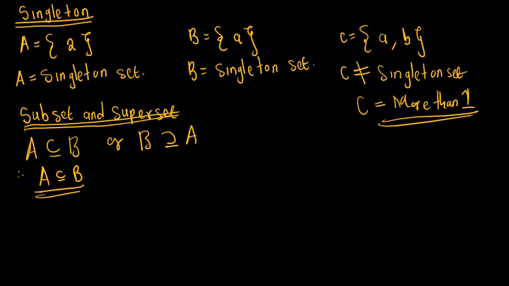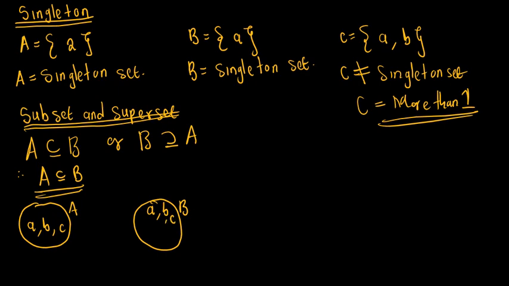So if this is my set and I name it A, and this is my set and I name it B, if A contains A, B, and C, and B contains A, B, C, D, E, then I will say that A is a subset of set B. That is very, very important to understand.